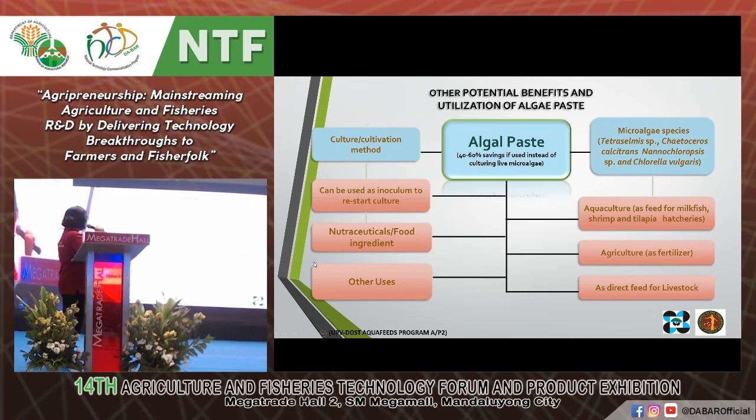And the algal paste can be used as direct feed for livestock, sa mga baboy, manok. Ginagamit nila, minimix nila with the other feeds. Now, as I've said earlier, since algal paste is viable, it's alive, it can be used as an inoculum to start or begin another culture. And pwede yun po sa nutraceuticals or food ingredient and other uses.